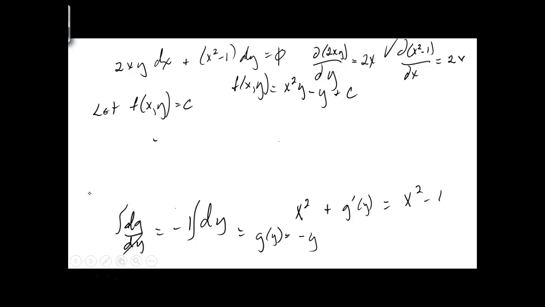And notice the next thing they said. The explicit form of the solution is easily seen to be this. Easily seen to be this. I'm sorry, no, they didn't write it that way quite.